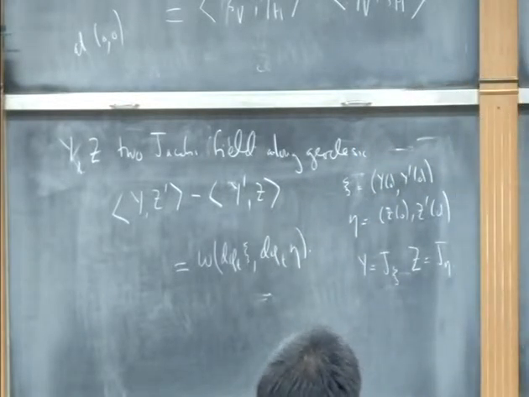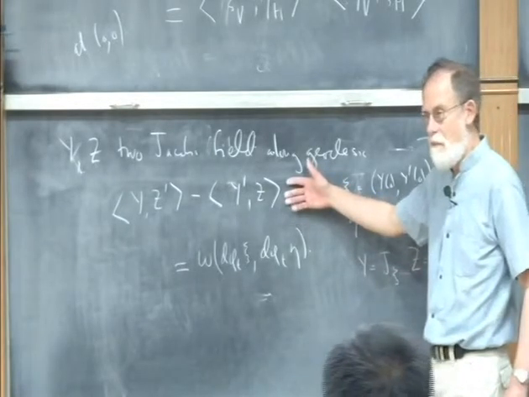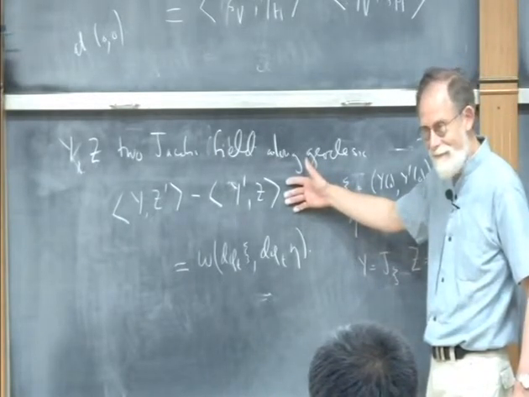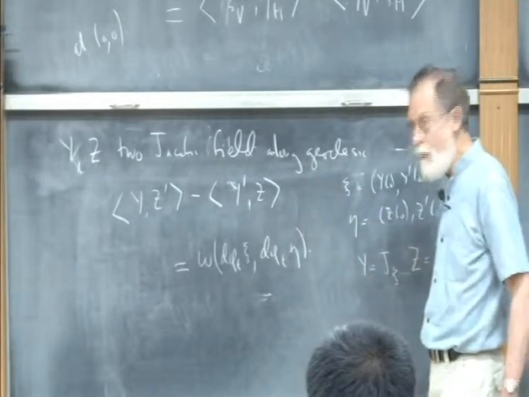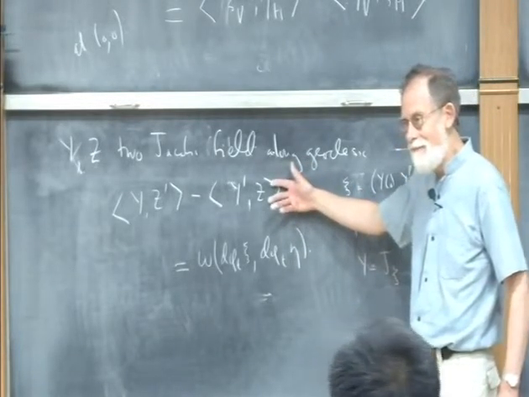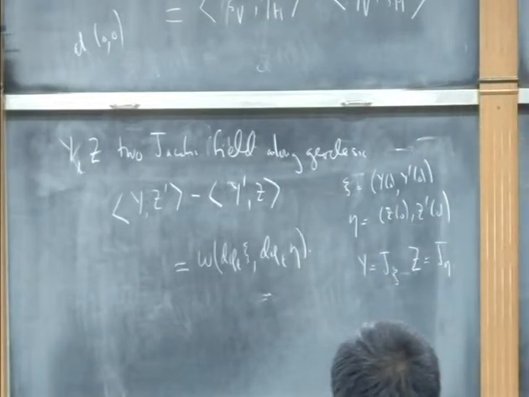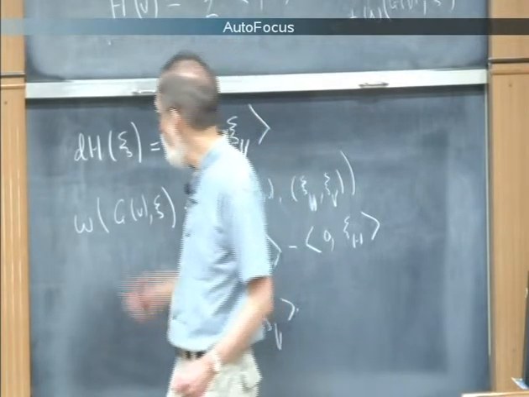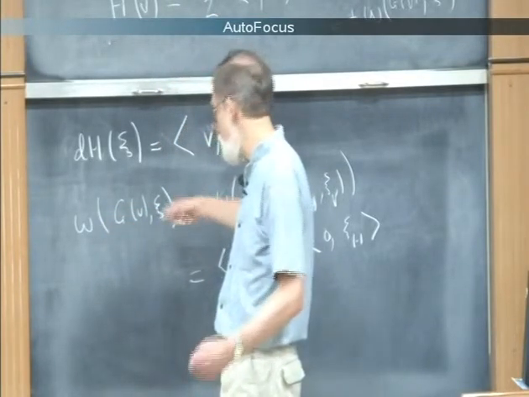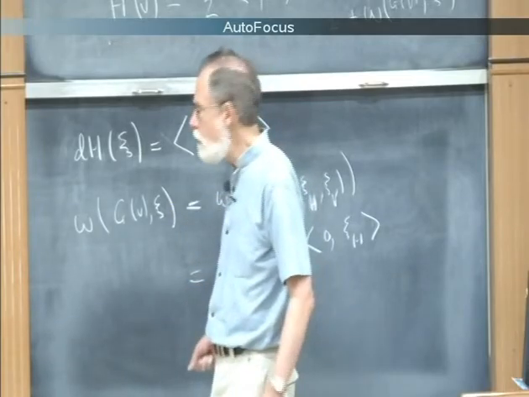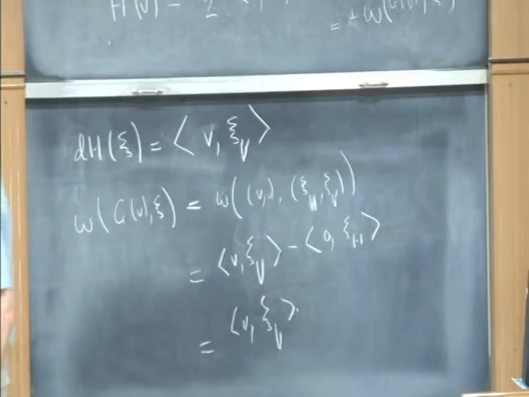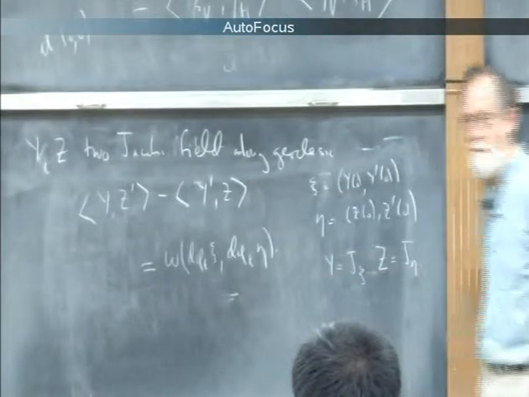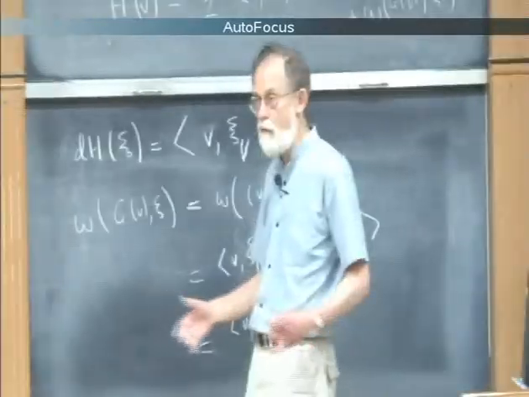And last time we differentiated this and discovered that you get 0, so that this is constant. That the fact that this stays constant is exactly the statement that omega is preserved by the geodesic flow. So this isn't just a random choice of thing to look at. It's this canonical symplectic form.